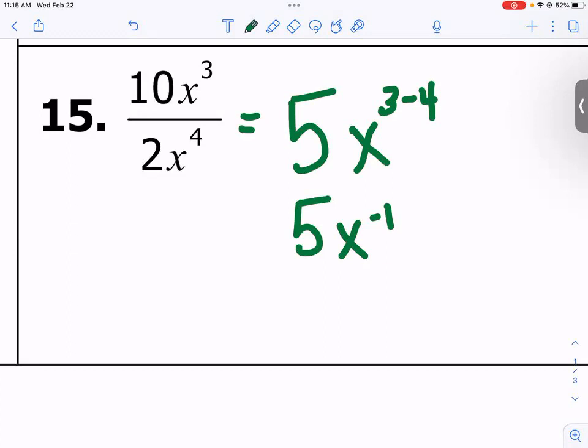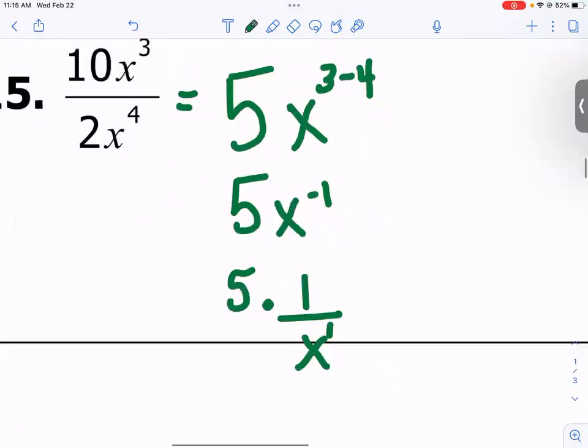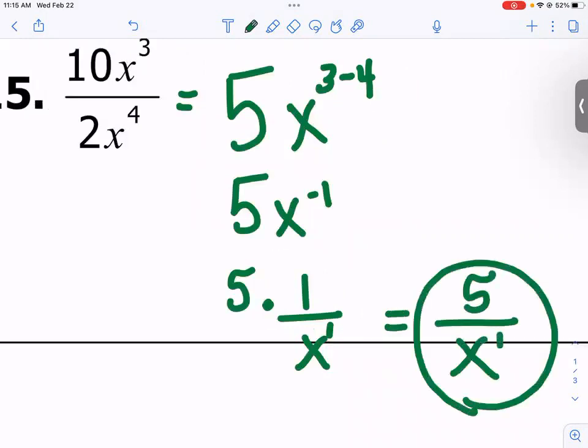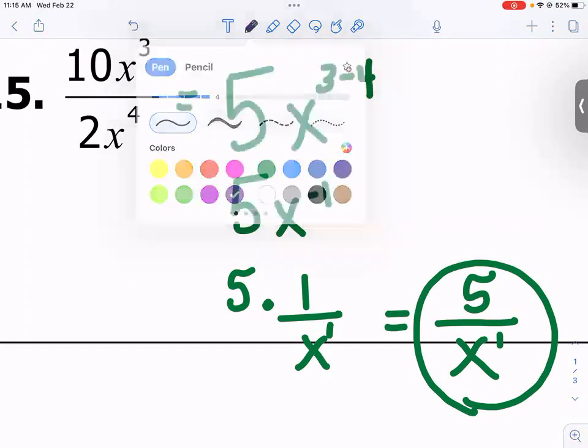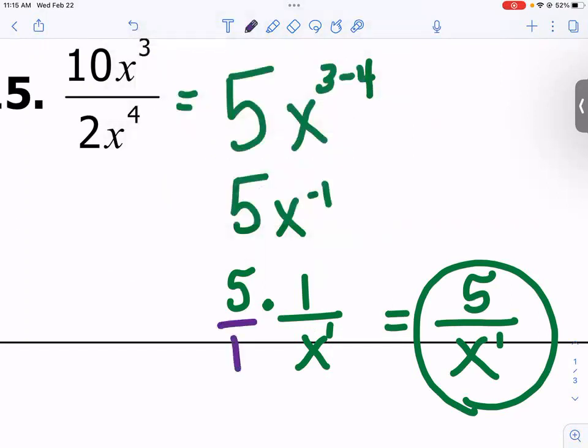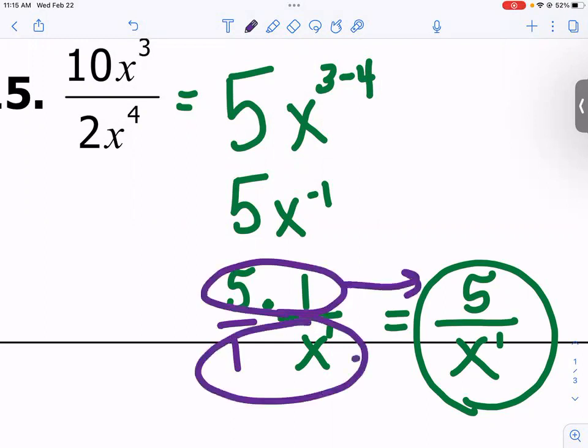No. We cannot. So we need to send it down. So we're going to have 5 divided by x to the 1st power. Are we not okay with that? Okay. So maybe it helps if we put 5 over 1 so you can see that we have our numerators to get 5 and our denominators to get x to the 1st.